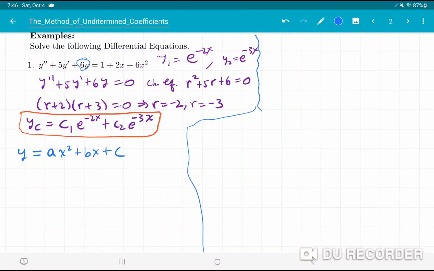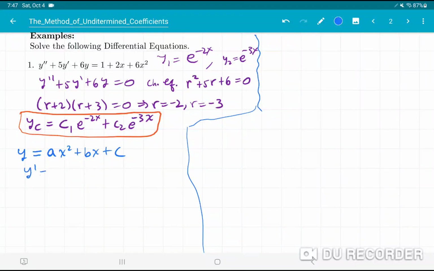If we have a polynomial of degree higher than 2, then you will get that higher term by just multiplying it by 6. Sometimes we go into third degree, but that depends on what yc is. We'll have some examples on that. So we're going to try just y equals ax squared plus bx plus c.